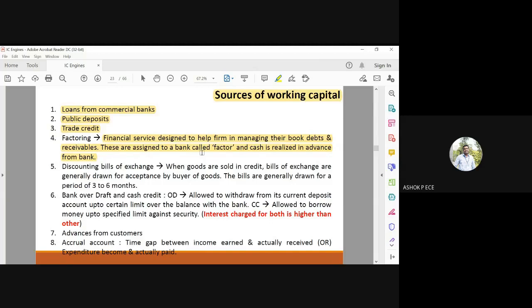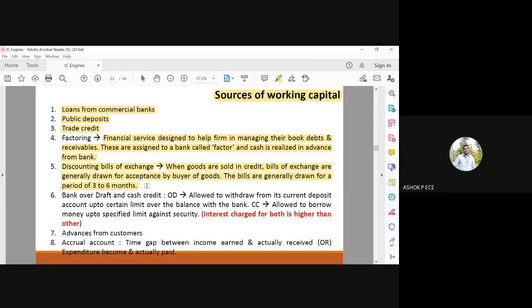So they are going to do it on behalf of you. Discounting bills of exchange. When goods are sold on credit, bills of exchange are generally drawn for acceptance by the buyer of goods. When you sell goods on credit, the buyer says that they will give you money only after some period of time. Then the bills are drawn for a period of 3 to 6 months, to ensure that the money comes only after that date.